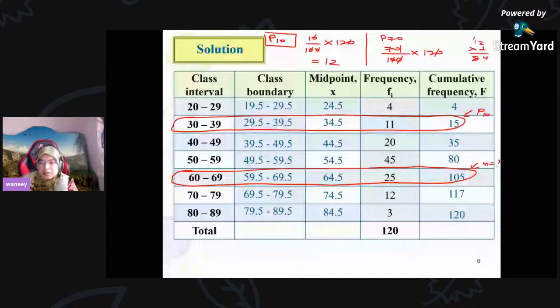Okay, so P10 is actually in the class with boundary 29.5 to 39.5. So let's make it for that class. It is actually cumulative for your own class and size.